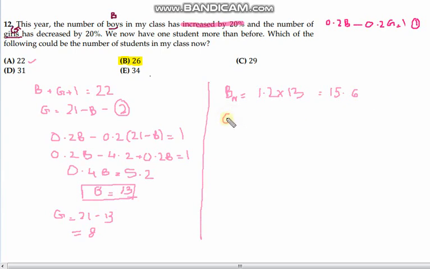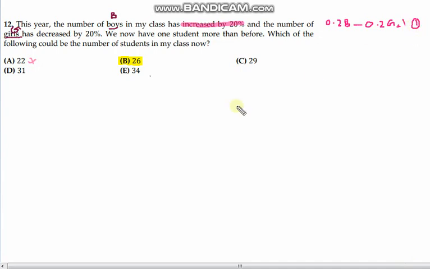Similarly, the number of girls in our new class works out to be 6.4. You can't really have a fraction of a girl either. And so, because you can't really cut students into pieces, this cannot be our correct answer. Now, the way to solve this question would be to apply the same trial and error method for all of these options. But I've marked out B, which is our correct answer, so I'll show you what the correct working should look like.